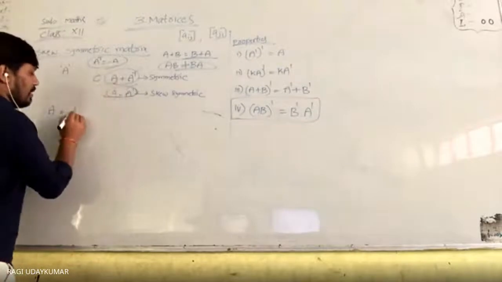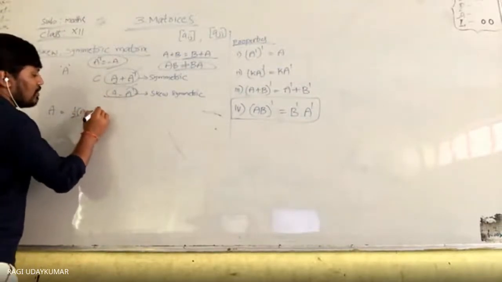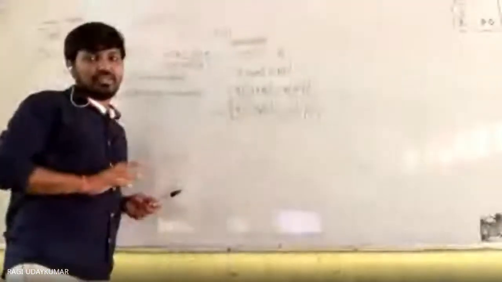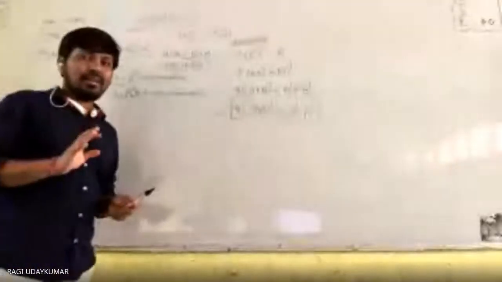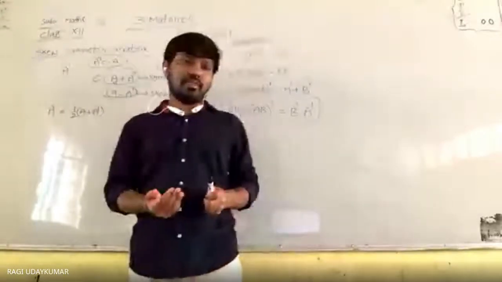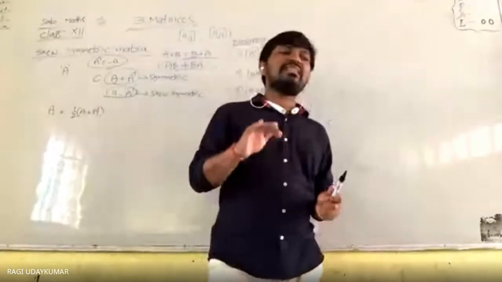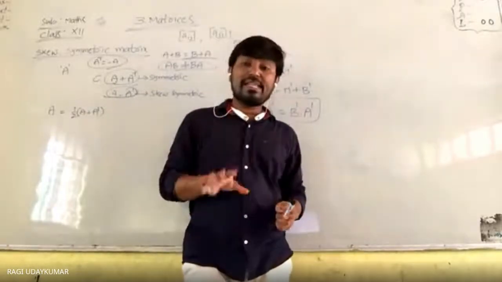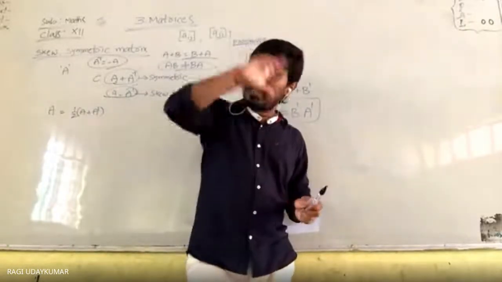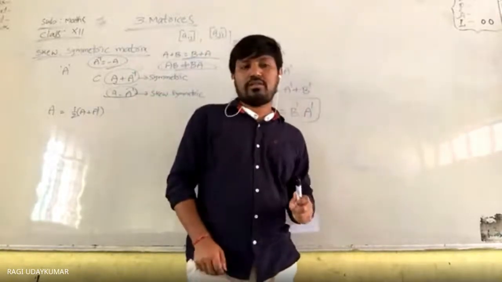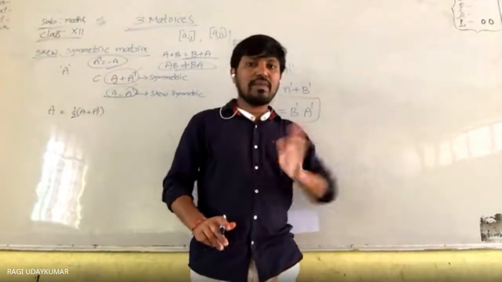This is symmetric, and we multiply it by 1/2. Tell me one simple question: if you multiply any symmetric matrix by any non-zero constant, does it again become symmetric or not?